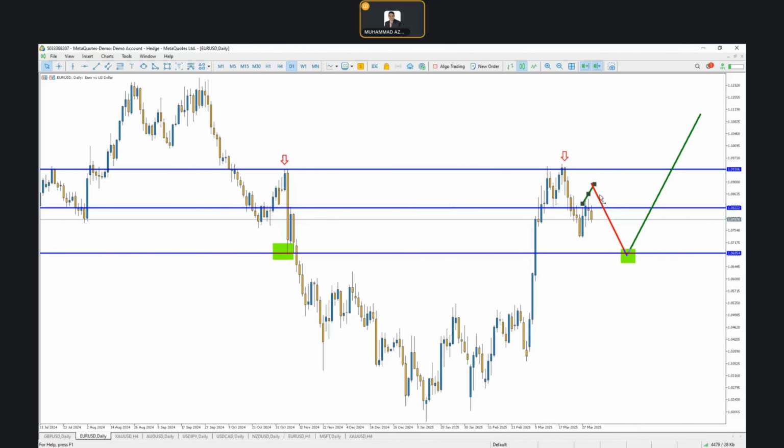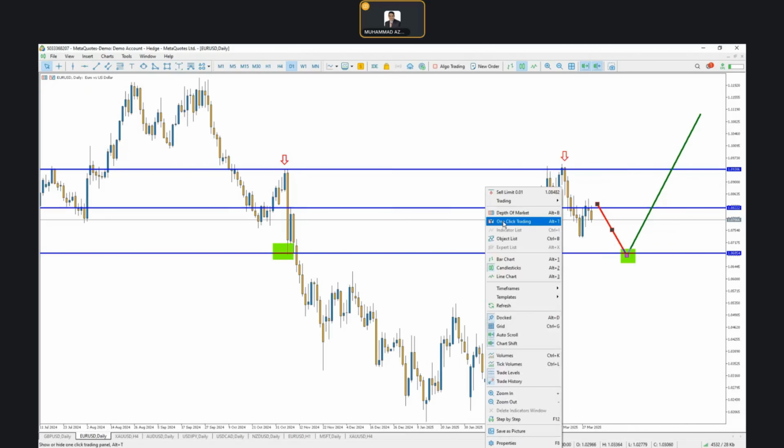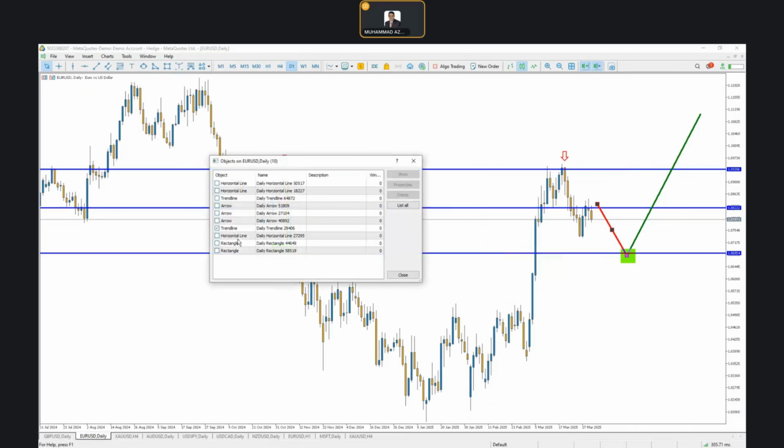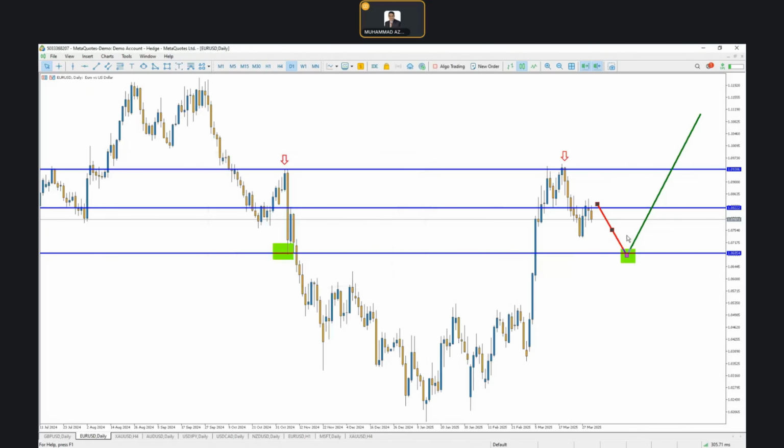That's the expectation. So we will see how it goes. But the way I see price action is most probably going to move down lower. Let me go over to the objects list to actually unselect this.